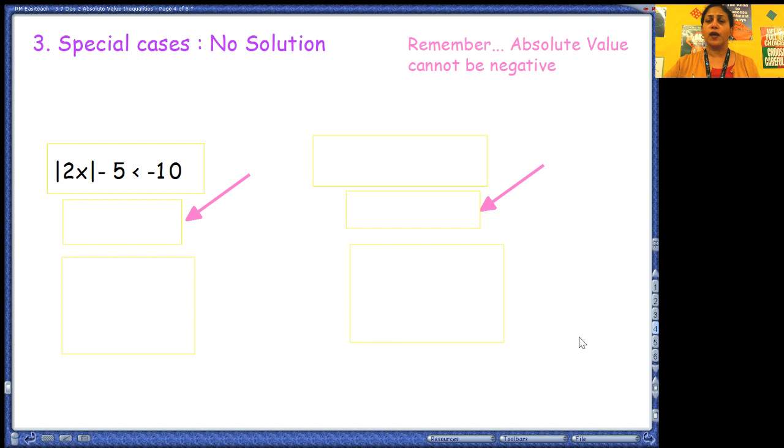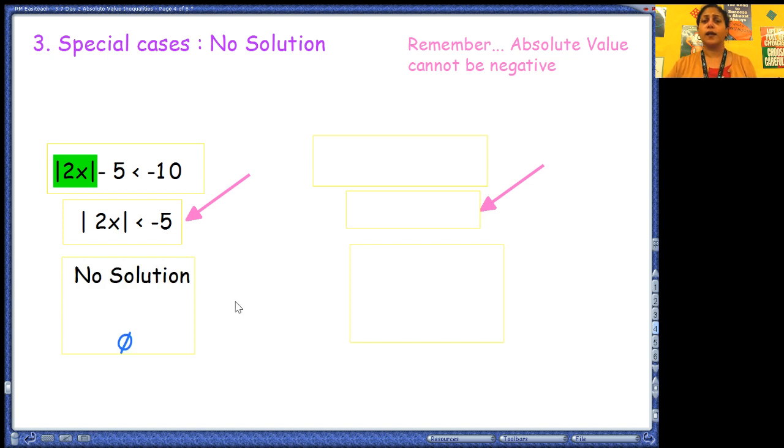Again, you can use a highlighter to identify the absolute value. That means we're going to add 5 to both sides, making it the absolute value of 2x is less than -5. But remember that the absolute value of any number cannot be less than -5. It just cannot be negative. Therefore, this one has no solution.